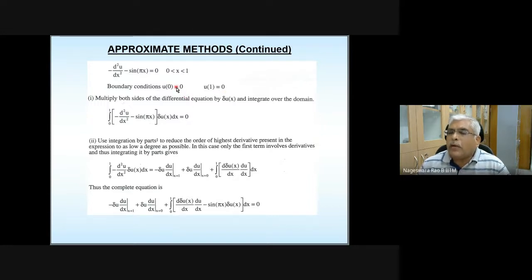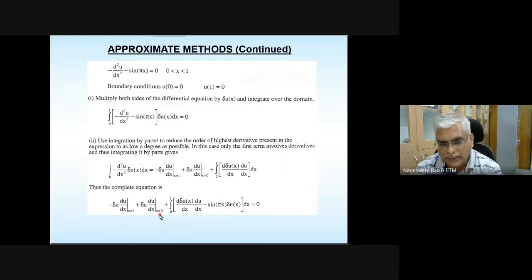If essential boundary condition is specified at only one location, you put focus on that alone. Here, at x is equal to 1 and at x is equal to 0, at both the locations essential boundary conditions are specified. And what is variation of u?